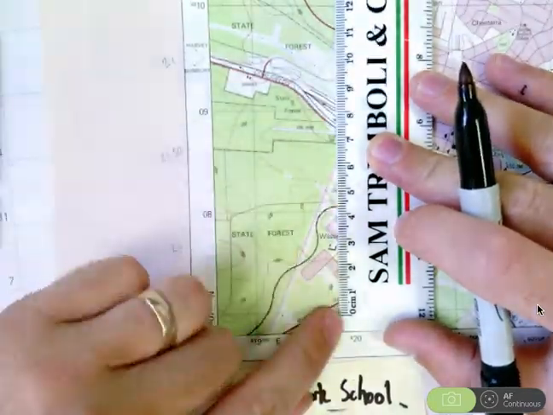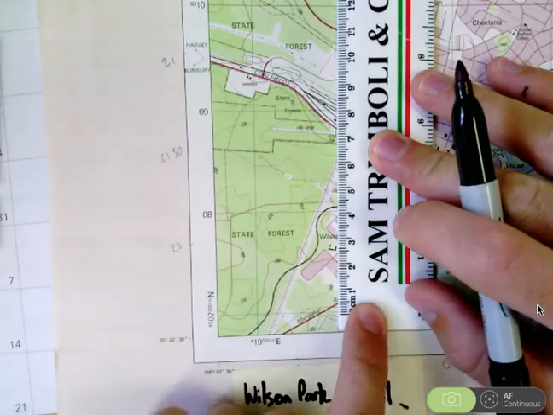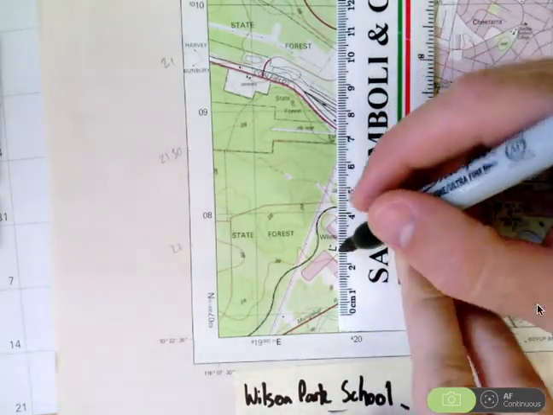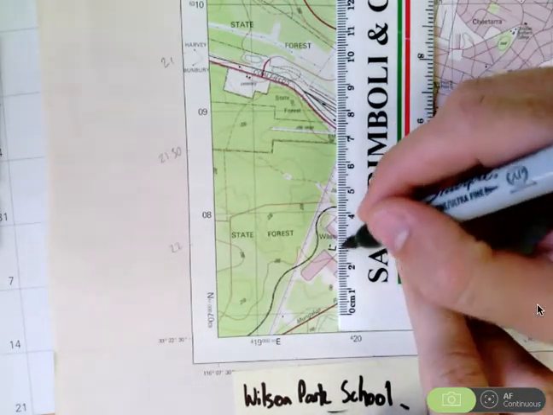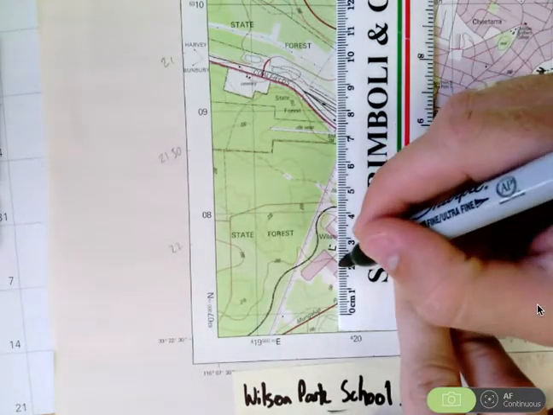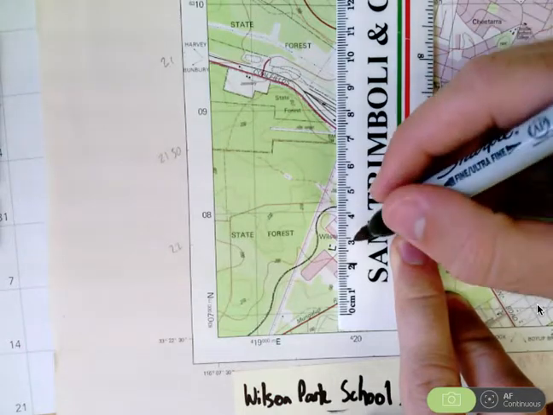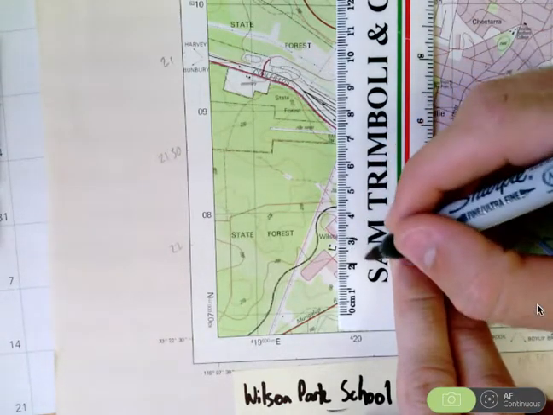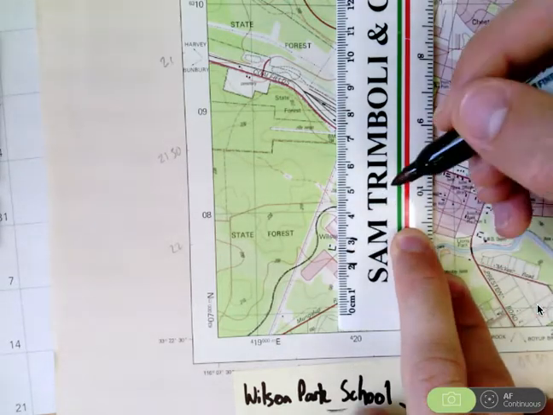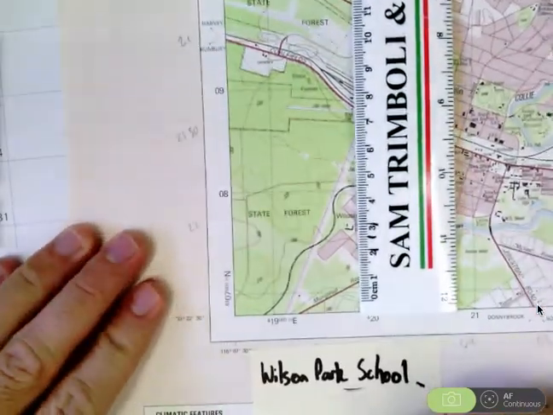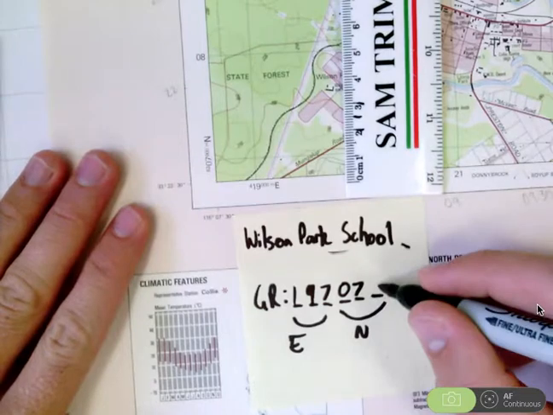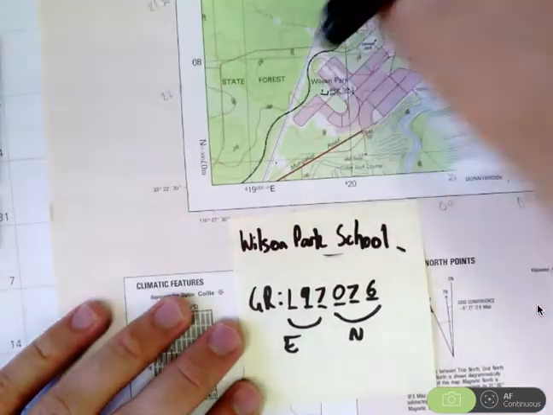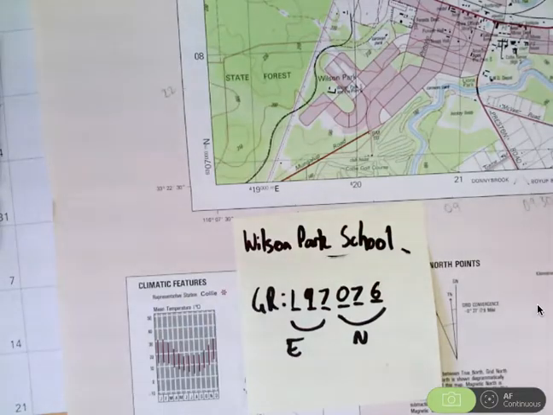So it is at 2.5. Halfway would be at 2, 0.75 would be at 3, so this would be about 6. So we're at 0.76. That's how you get a specific grid reference.